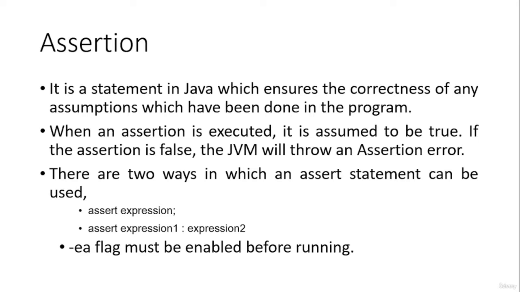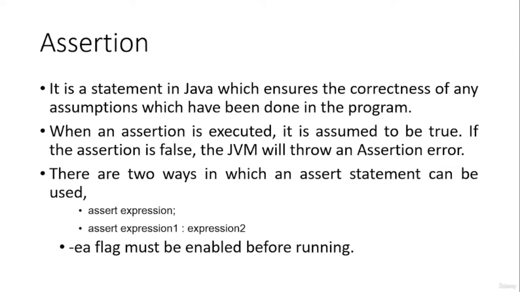The assertion error is thrown if an assert statement fails. There are two syntaxes for assert. The first is assert followed by the statement. The second is assert followed by a statement, then a colon, and another statement. We will see the different types of assert statements in the programming part of this lecture.